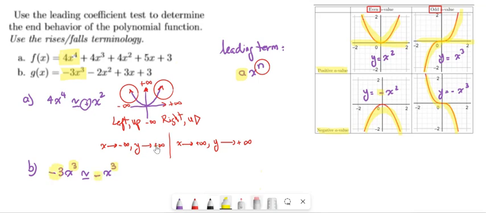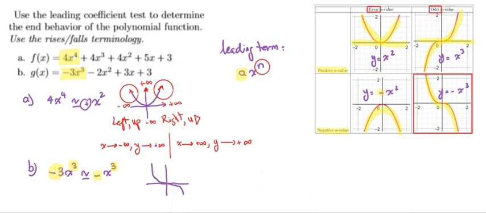So the graph that we are concerned about is going to be similar to this. All right, so I can graph it here as well. This is the graph, and it's going to be a reflection of x cubed. So you're gonna come from this side up, and this is gonna go down this way.